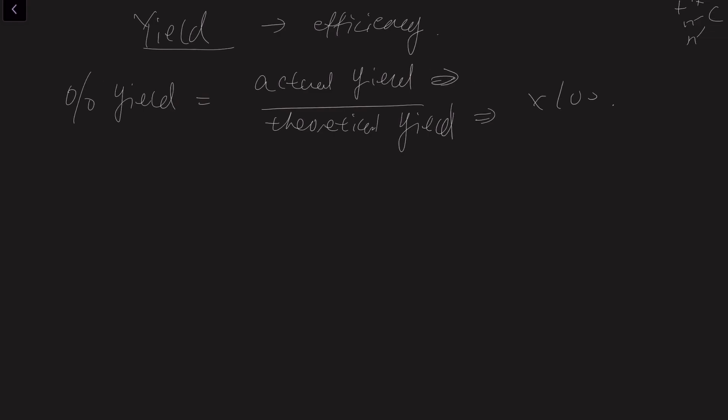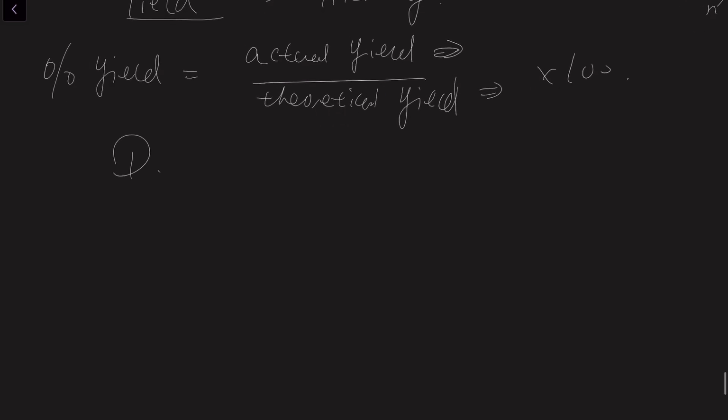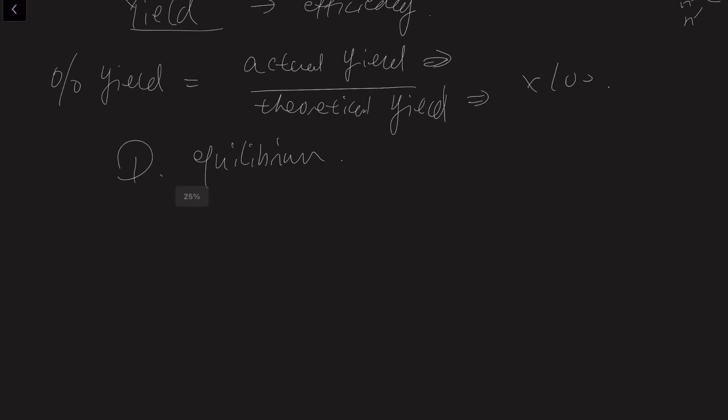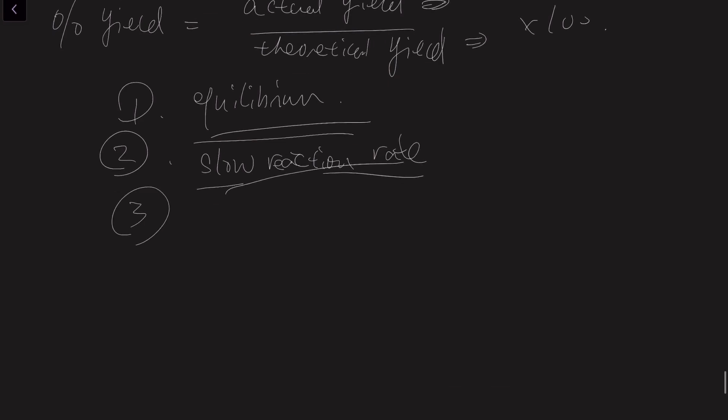So there are several factors that can affect yield. One is that you reach equilibrium rather than completion. So this is heavily discussed in the previous videos with regard to chemical equilibrium. The second reason is the slow reaction rate. Maybe this reaction takes 3 years. So you need to be very patient if you want to obtain a very high yield.